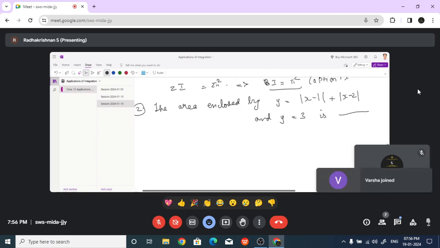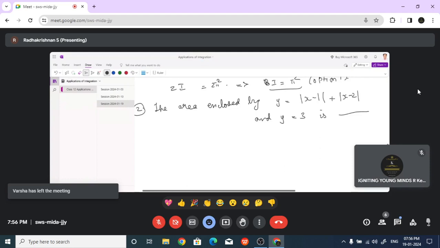Well, logic? Varsha, can you think of it? How will you draw this? Y equal to mod x minus 1 plus mod x minus 2. What is this?